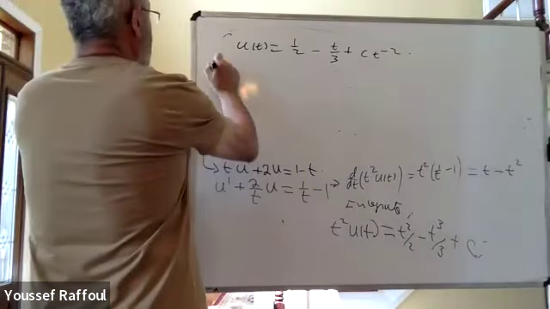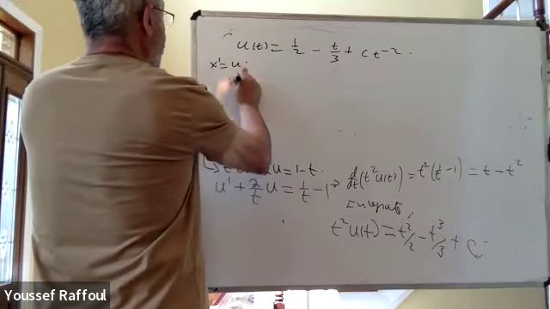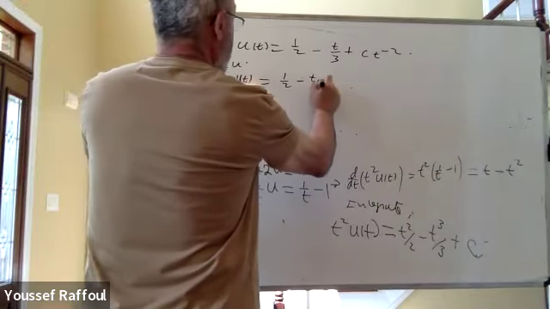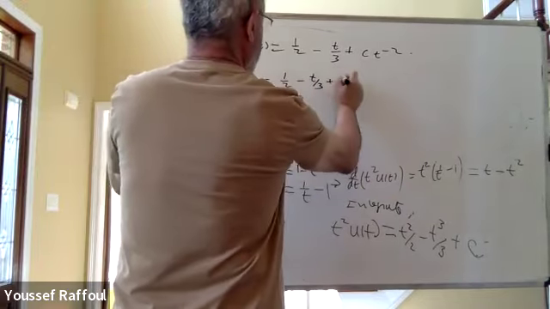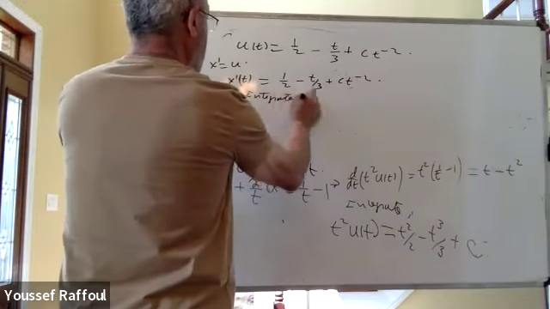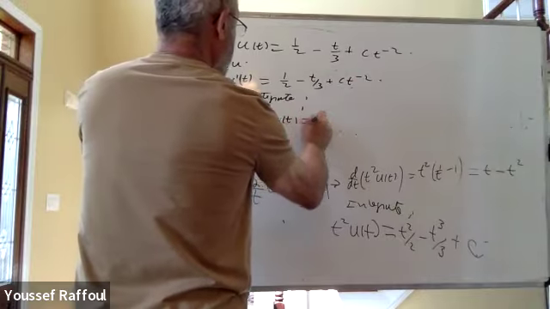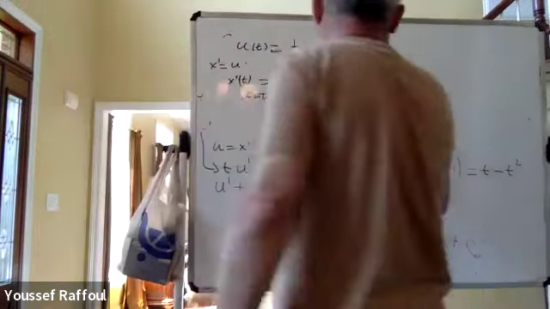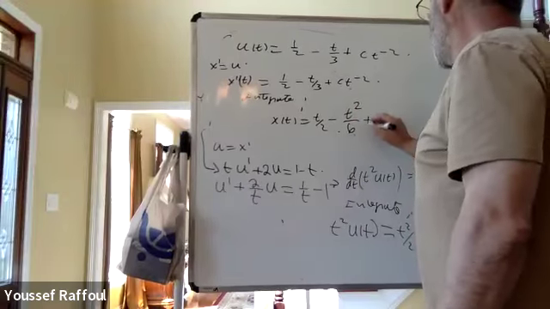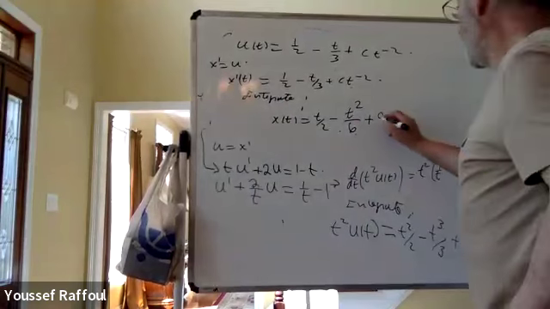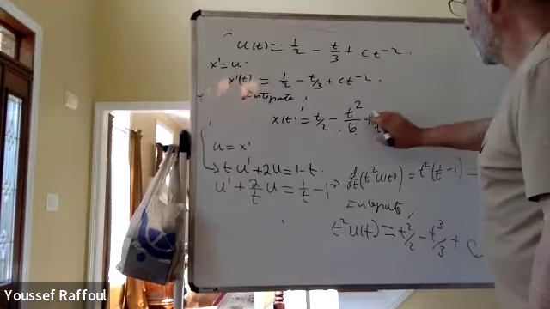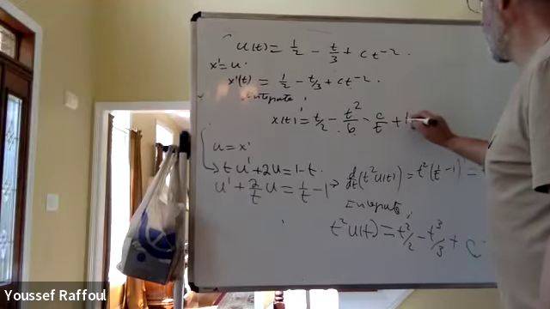Remember, x prime is u, so x prime of t is 1/2 minus t over 3 plus c t to the minus 2. Integrate, and you get x of t equal to t over 2 minus t squared over 6 plus c over t, or minus c1 over t plus some number k.